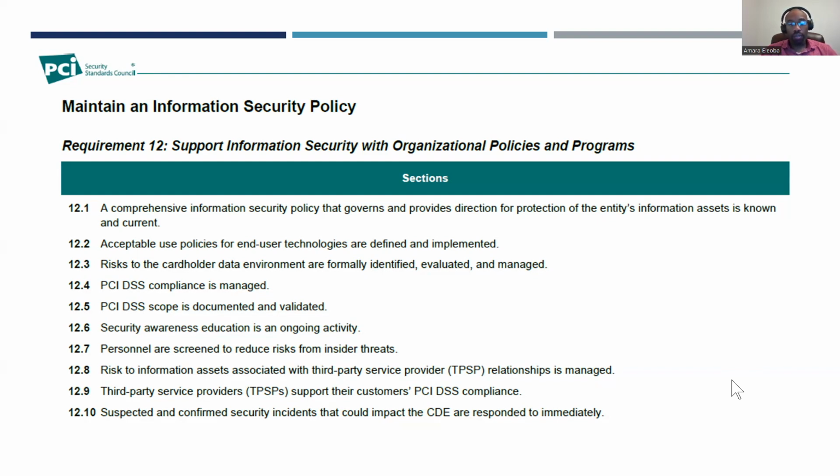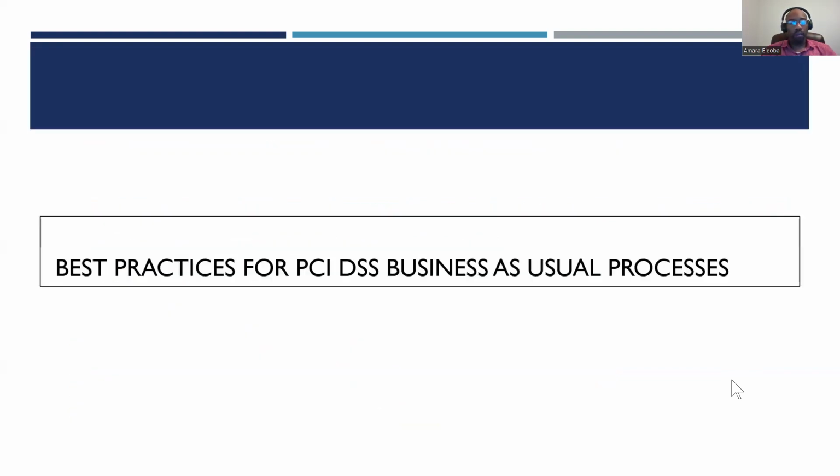Then 12.10, sorry. When you suspect or confirm security incidents that could impact your CDE, you need to respond to it immediately. And this 12.10 has sub-controls that will tell you what to do to make sure that those controls are in place. All right.